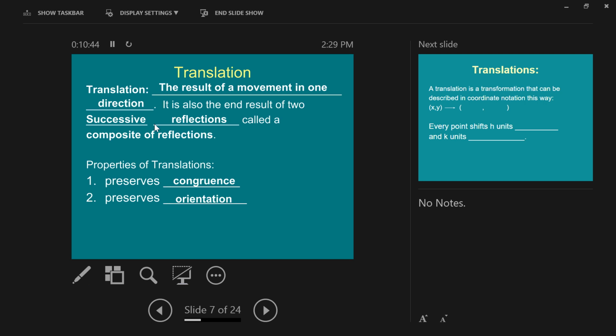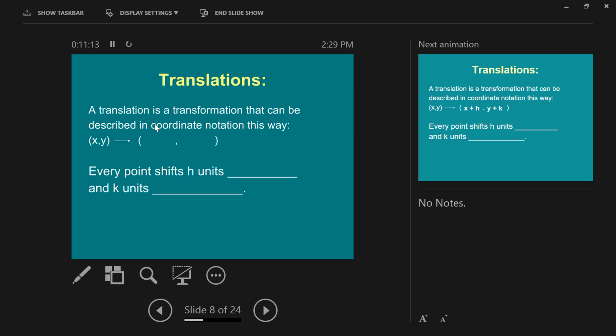And orientation just means the way it's facing, right? So if it was this piece of paper and I translated it up, it's still facing up and down, right? If I turned this piece of paper, that's no longer translation, that would be rotation, right? So it's got to stay facing the same way that it already was. Okay? We got those? Okay.